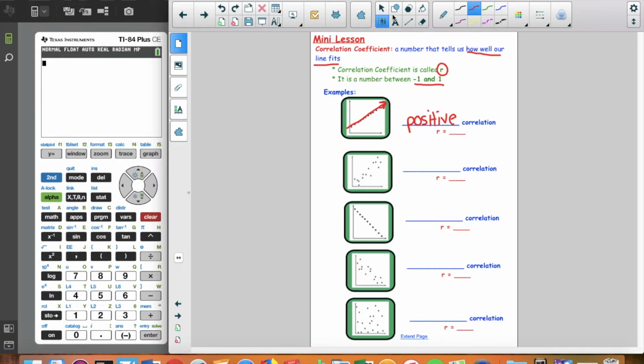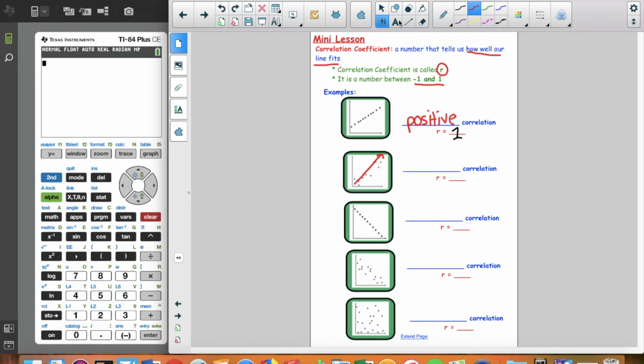Now this correlation, these points are so close together, it looks like they form a line. That tells us that the R is 1. Okay, so the closer your points are to forming a line, the closer your correlation coefficient is to 1. So let's look at this second one. In this second one, the points are a little bit further away, but you can still see that they're going in an upward line.